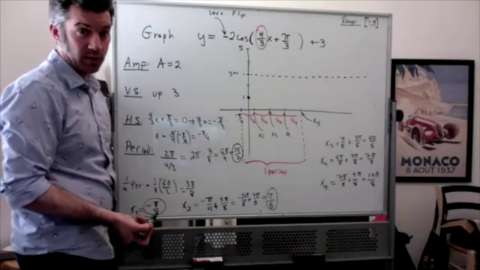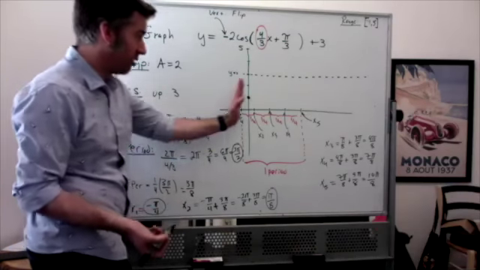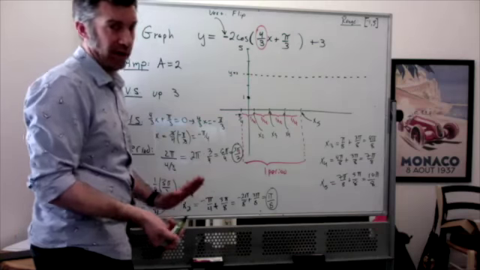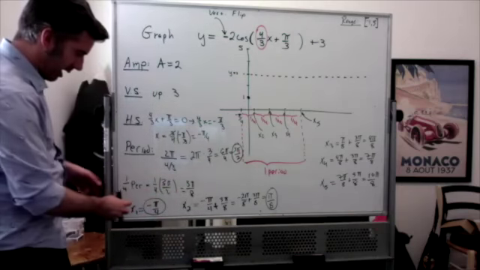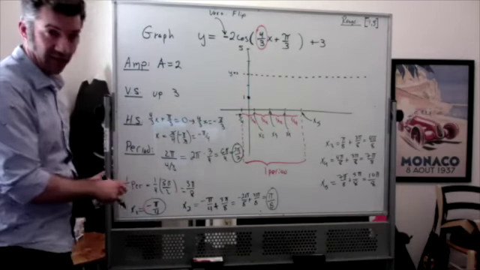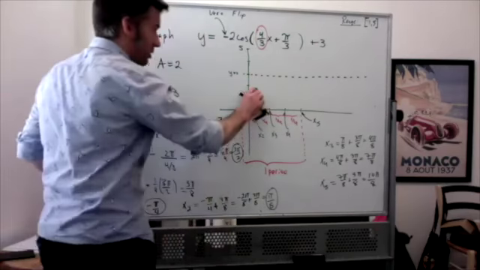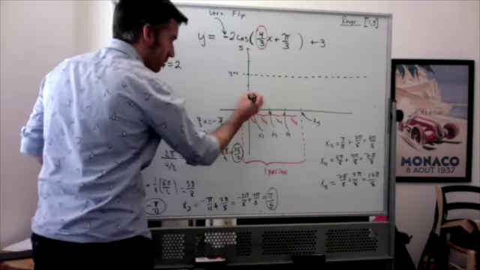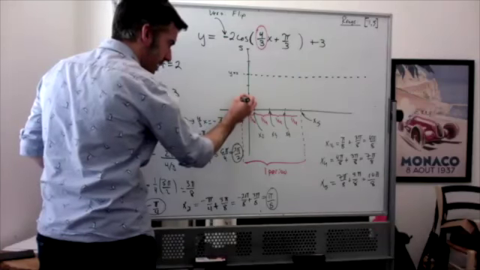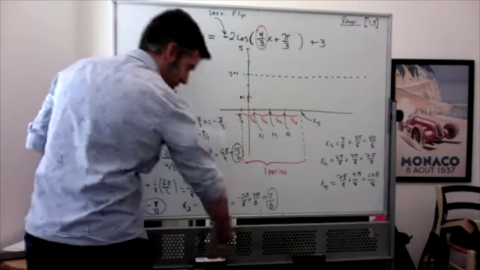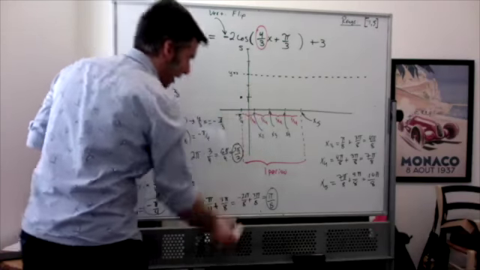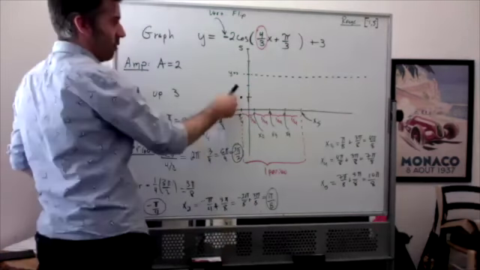That's not where we're starting, right? Because we're not starting at x equals 0. We're starting at the first important x value being negative pi over 4. So we're starting right here, right where the x value is negative pi over 4 and the y value is 1.